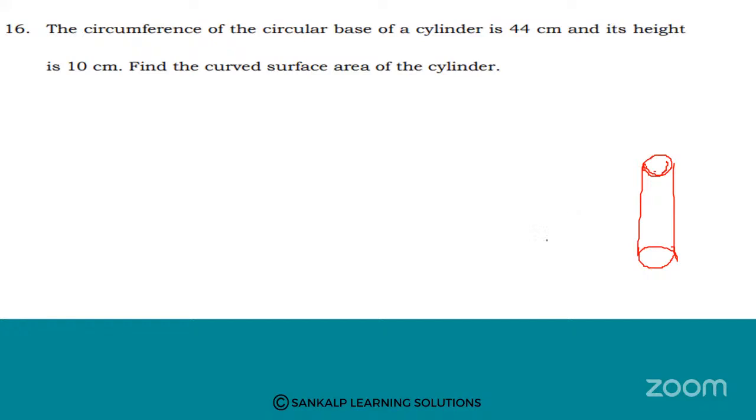So this is a circular base, right? The circumference of the circle is 2 pi r. So 2 pi r value they have given, that is 44 centimeter, and its height they have given, that is 10 centimeter.